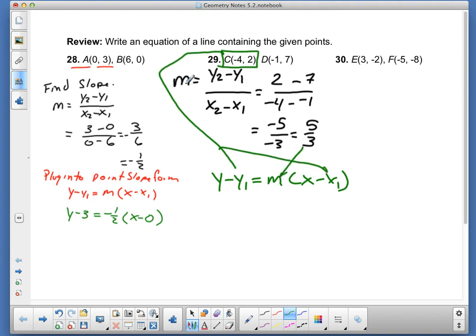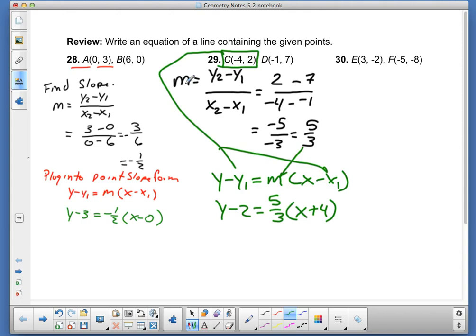This is like a Madden chalk talk. It's like Monday Night Football all over again. So I've got y minus 2 equals 5/3 times x plus 4. That's where we're at. That's the deal.